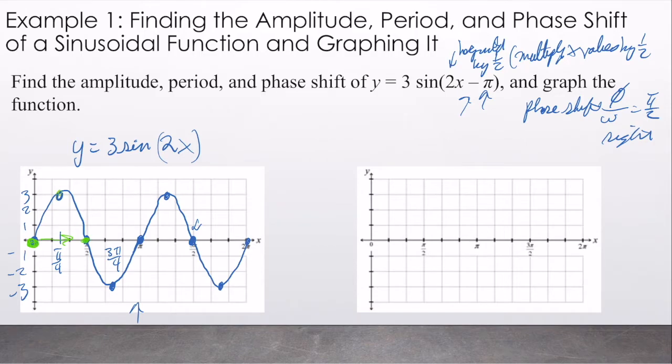This point, pi over 4, is going to move to 3 pi over 4. This is going to move here. Wait, I didn't do that right. This is going to move here. So we can see that my graph is shifted by pi over 2.